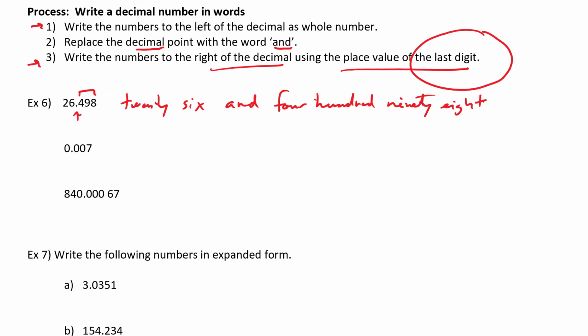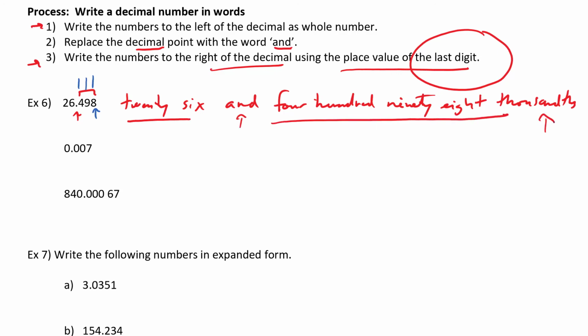And then what's the place value of the last digit there? That's tenths, hundredths, thousandths. So this is thousandths. So the number before the decimal, the number after, and then the last place value.